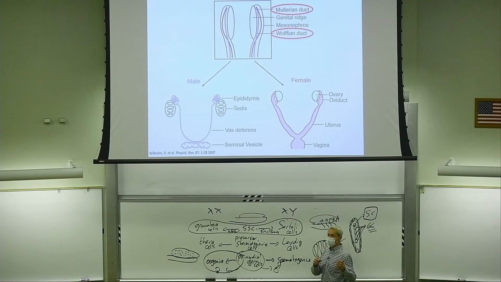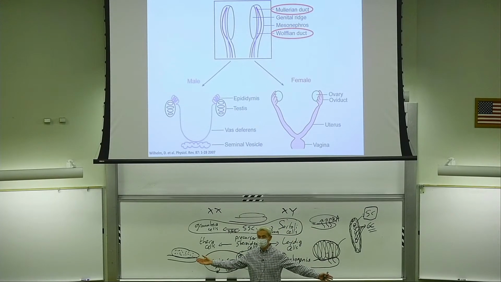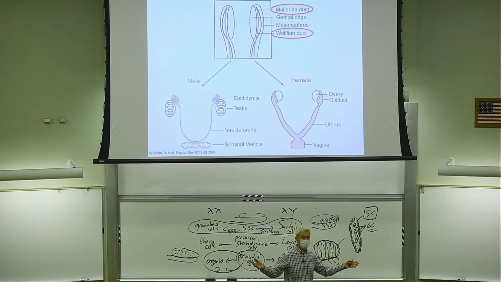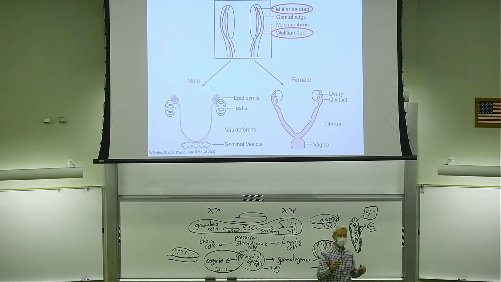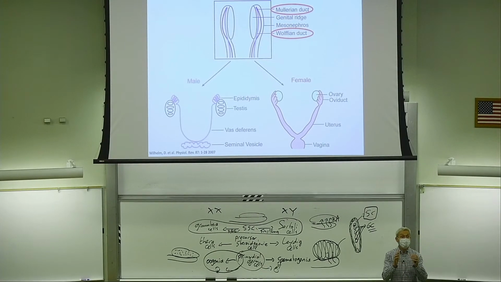Think of this as just a long tube. And this long tube, whether it's male or female, we're going to start naming in different parts, and all these different parts get a different name. So, in the case of the Wolffian duct, the part of the tube that's closest to the testis is going to give rise to what is called the epididymis.